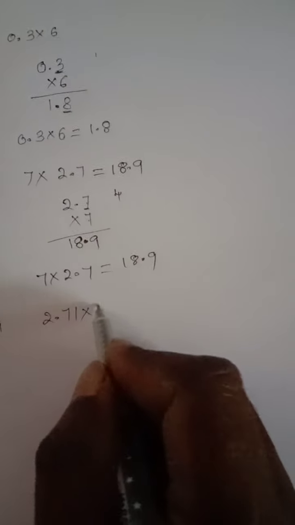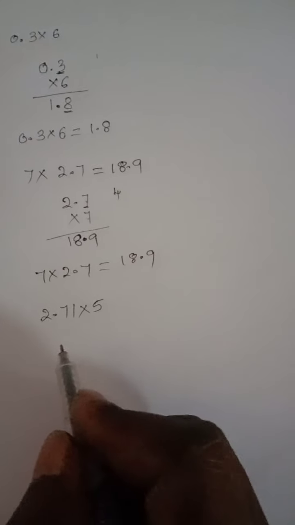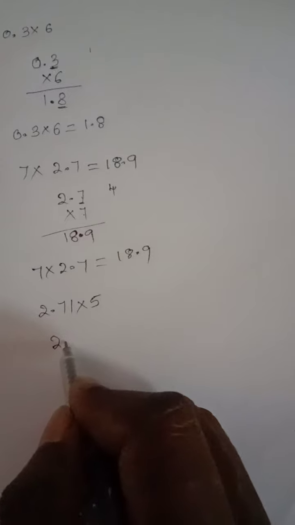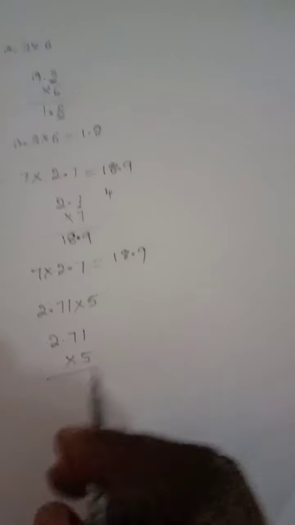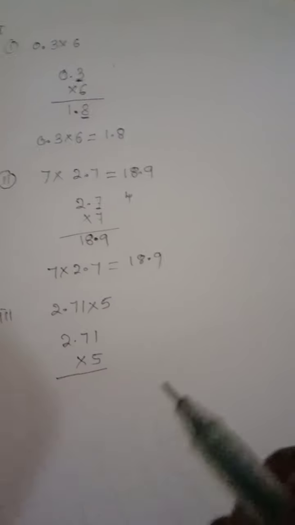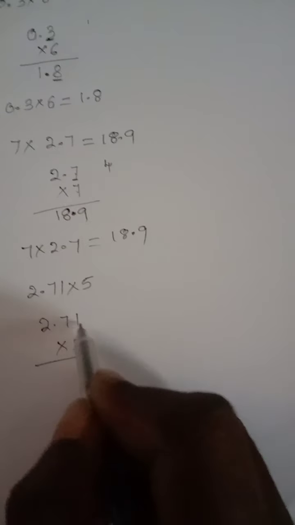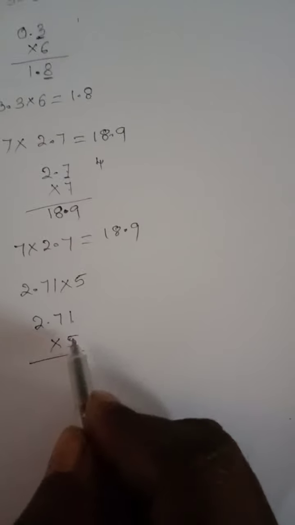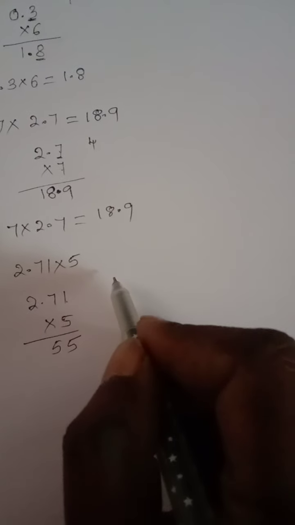2.71 into 5. How do we have to multiply 2.71 into 5? I said clearly, when you are going to multiply, you should not think about the point. Directly you can multiply, general multiplication. 5 1s are 5. 5 7s are 35.